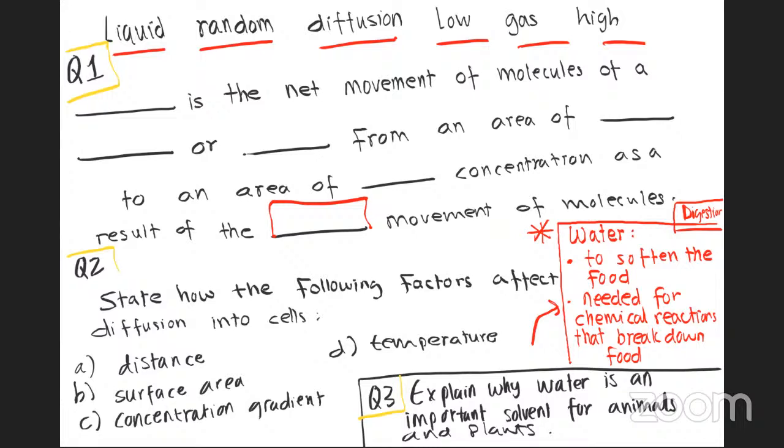Daniel, for temperature you just have to say that when temperature increases, particles move faster, so diffusion is faster. Let's think harder. All right, what you should answer is temperature. All right, Julia. All right, Cassie, that's okay, no worries.